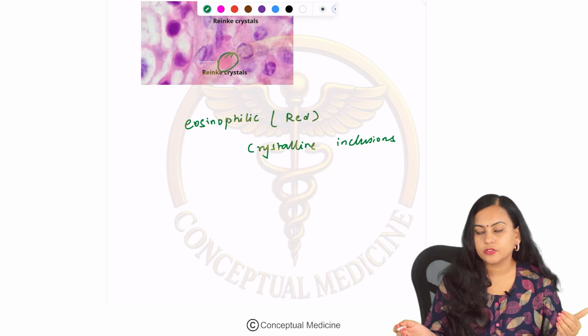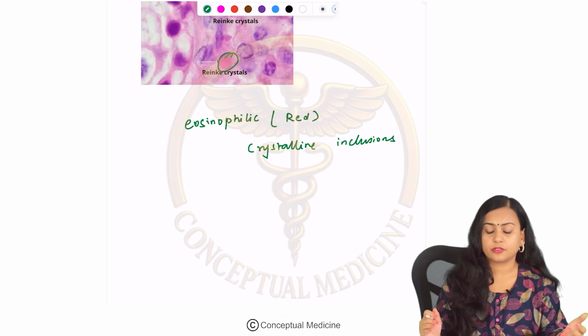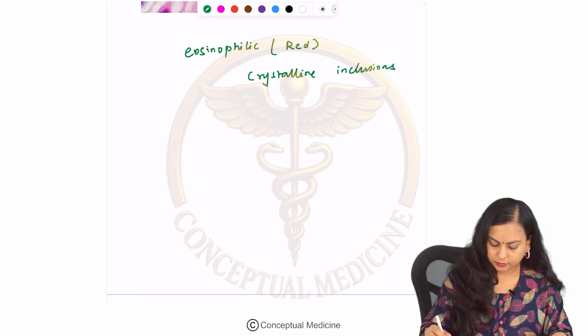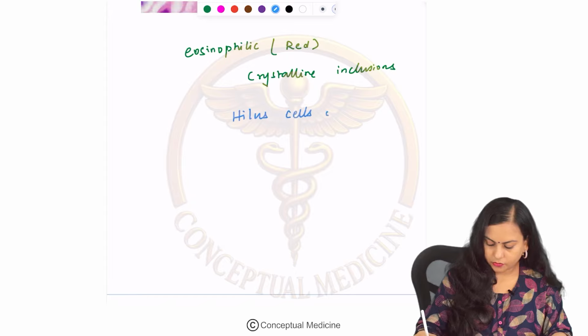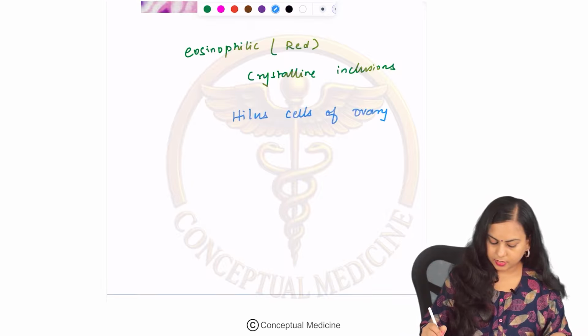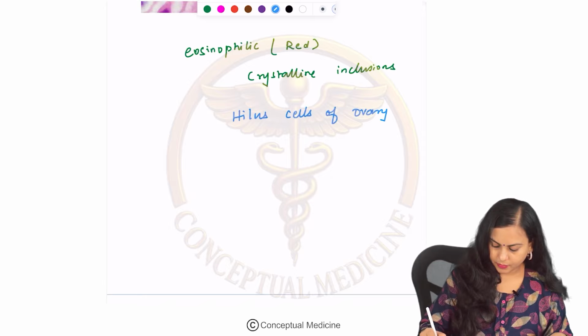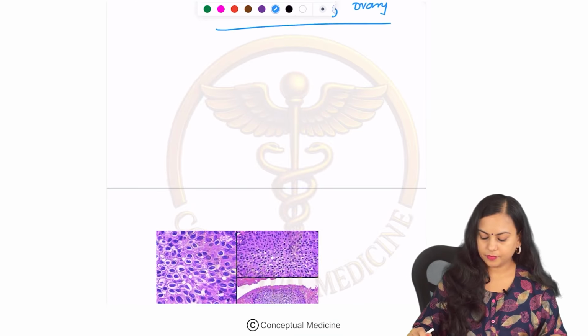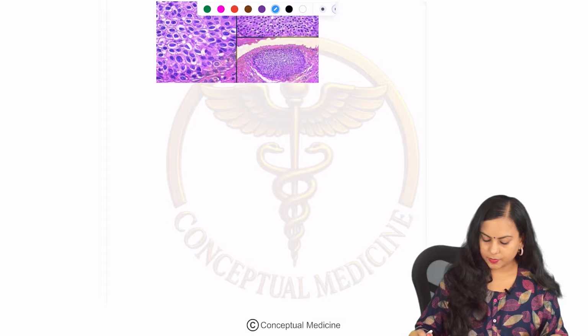It can be intracytoplasmic or intranuclear. So this is seen in hilus cells of ovary. That means this is seen in hilus cell tumor of ovary. Clear?